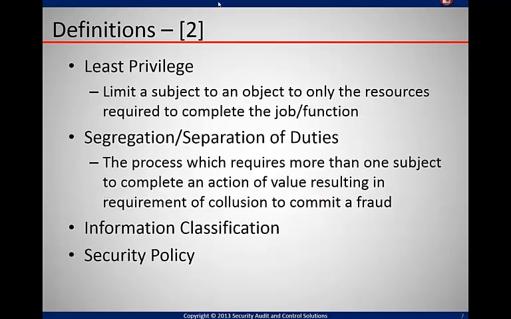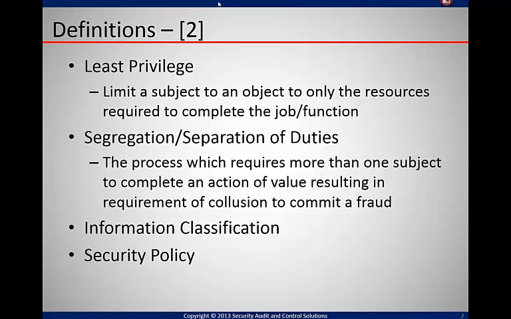Least privilege means that we limit a subject's access to an object to only those resources required to complete the job or the function. Segregation or separation of duties is the process which requires more than one subject to complete an action of value, resulting in the requirement of collusion to commit a fraud.